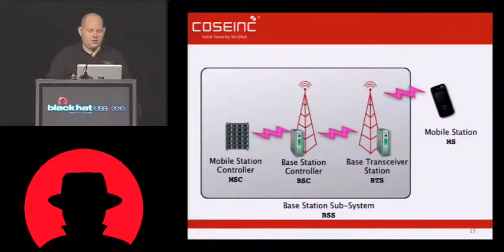So the base transceiver station here will talk to the phone. It'll basically have an Ethernet connection or sometimes a direct radio link back up to the BSC, or it'll be on-site. BSC will go back to the MSC, and so on. It's pretty straightforward stuff, right?